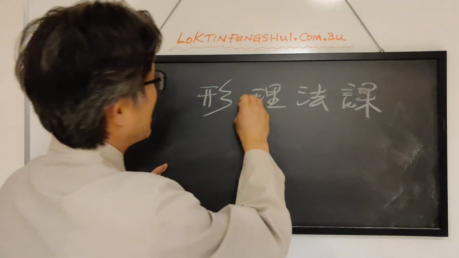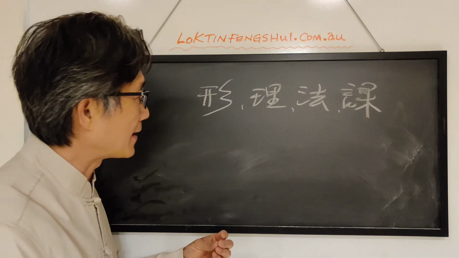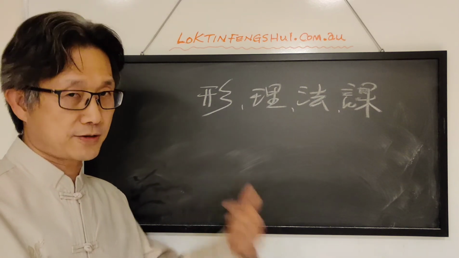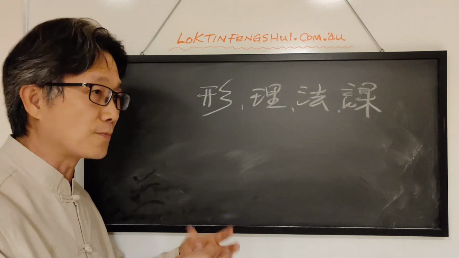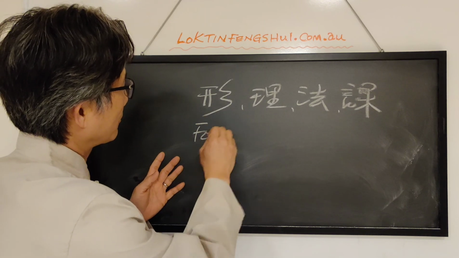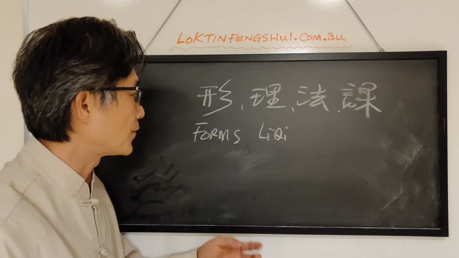Of these 4 areas, the Yin means the form, the shape which you can see, touch, smell, and hear. Those are form. And then the Li Qi, we talked about this before.